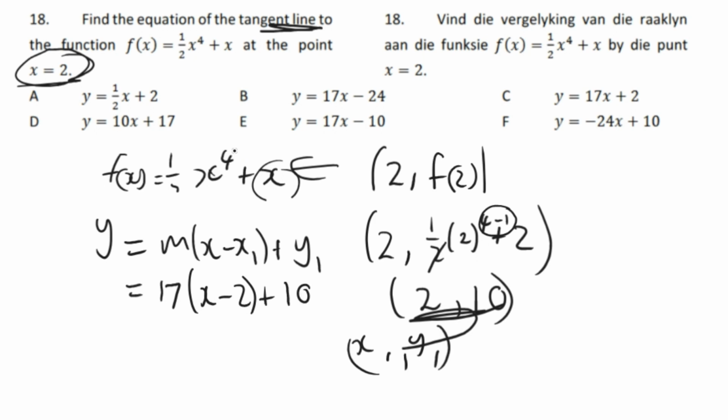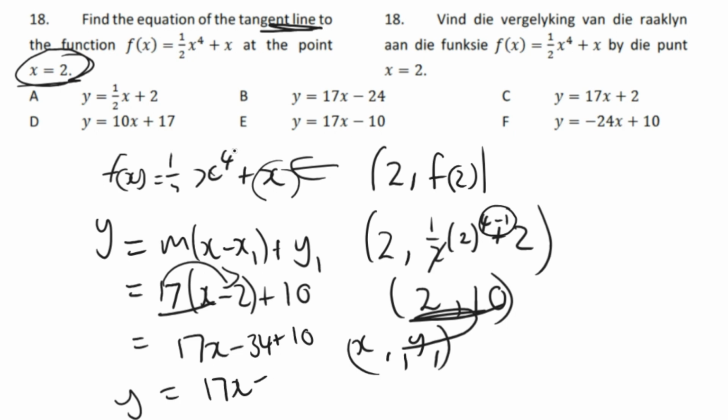And then you have 17x, which clearly shows the answer is between B, C, and E. Now, you have 17 times minus 2 there. What do you have? You have minus 34. Minus 34 plus 10, you get the answer as y equals 17x minus 24. And the option is B. And that's how you do this one.